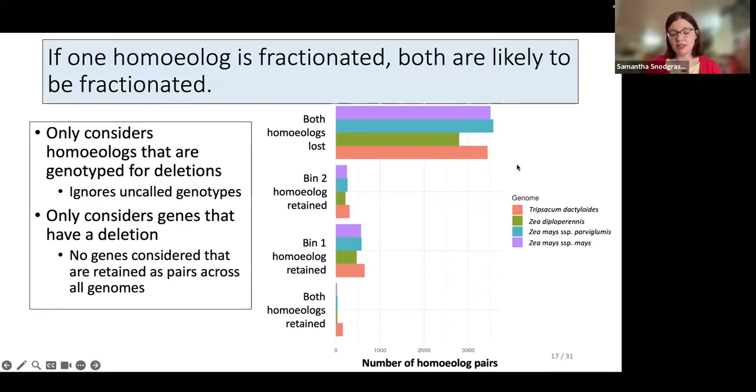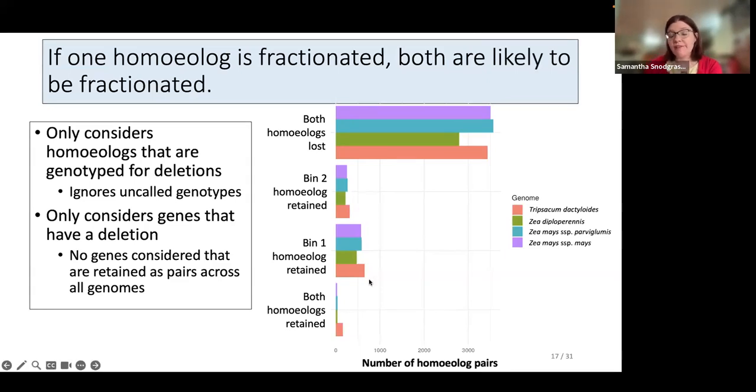My guess is that this is likely due to that coarse fractionation categorization, such that when we make a finer tuned analysis, this number will likely drop.